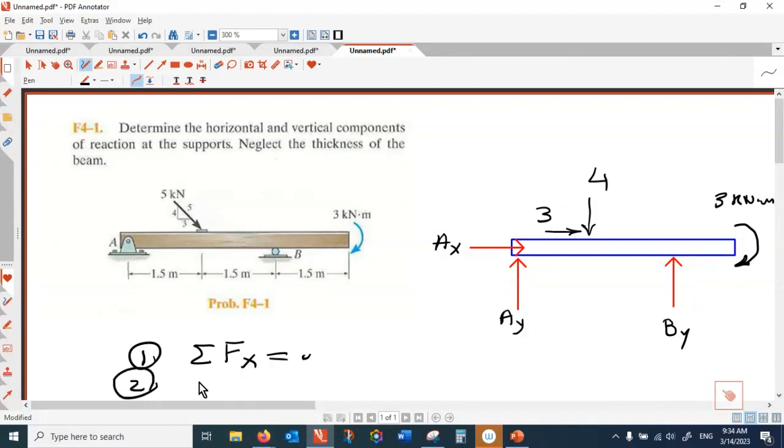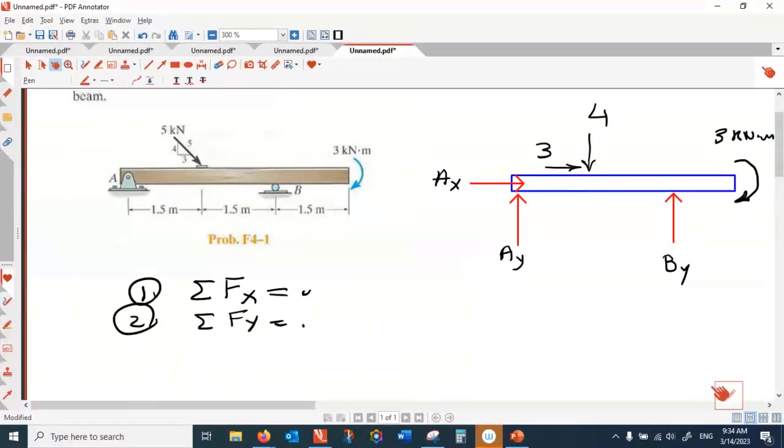The second condition is that the net force vertically equals 0. And the third condition could be net rotation with respect to any arbitrary point. Could be point A, could be point B, could be any point. If a system doesn't rotate, it doesn't rotate with respect to anywhere. So we just have to be smart to take the point of rotation to be more convenient. So here, the moment about any point equals 0. Starting from the first condition, how many horizontal forces are there?